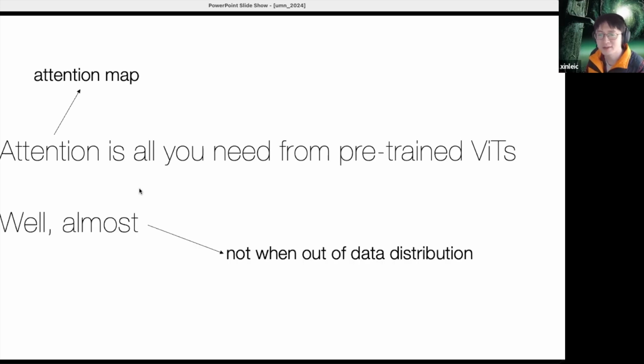With one caveat, which is when the data distribution shifts. So for example, the pre-trained model was on this data distribution A, and then the downstream task is on data distribution B, then this method that relies on the attention map is not as effective as tuning the weights or getting all the features.